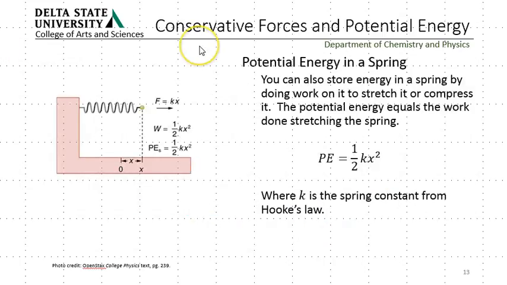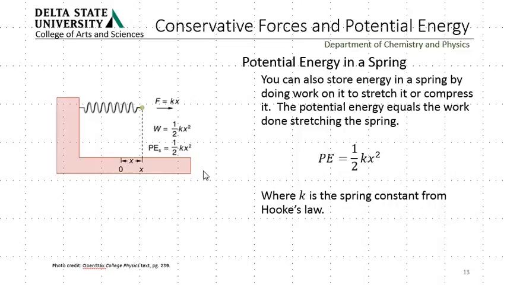If we look at other conservative forces, there's the potential energy of a spring, and you probably played with springs some in lab. The potential energy of a spring is 1/2 kx squared, where x is simply the distance you've displaced the spring from its rest position, right? So for mgh, the h is the distance you've displaced an object from its rest position on the ground.